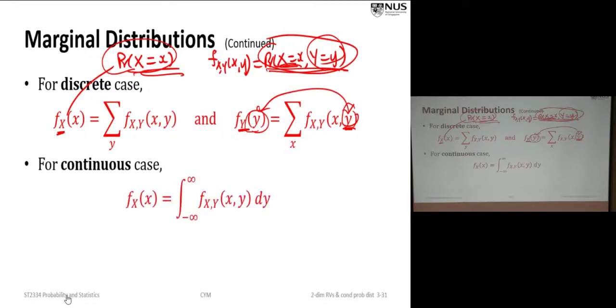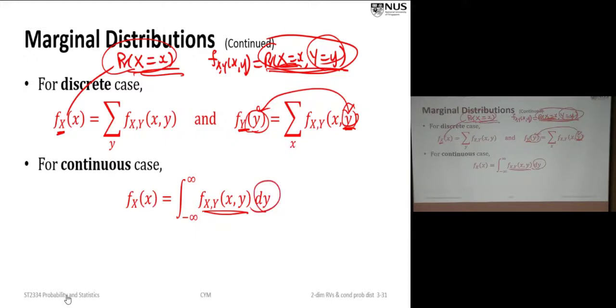Instead of doing summation, we do integration, because integration can be considered as a summation. If you learned integration, it is just a Riemann sum. So here I have to sum over the joint density function over y, so I have to integrate over y.